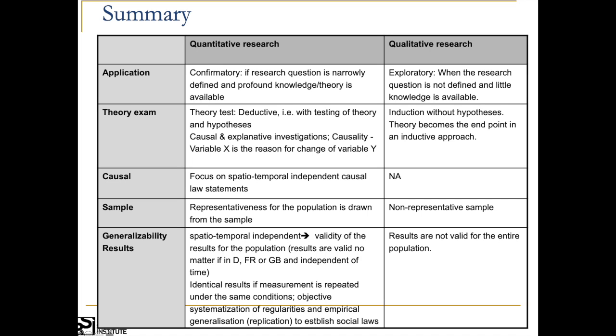And finally, the generalizability of results for quantitative research might be spatio-temporal independent, so the results should be valid for the population, no matter if the study is done in Germany, France, Great Britain, the US, or any other country, and should be independent of time. So if we replicate a study, it should hold in these different countries. There should be identical results if the measurement is replicated under the same conditions, with an objective systematization of regularities and empirical generalization through replication to establish social laws.